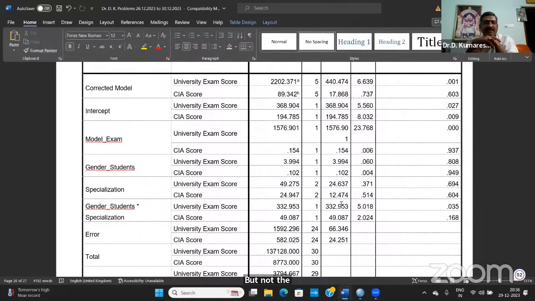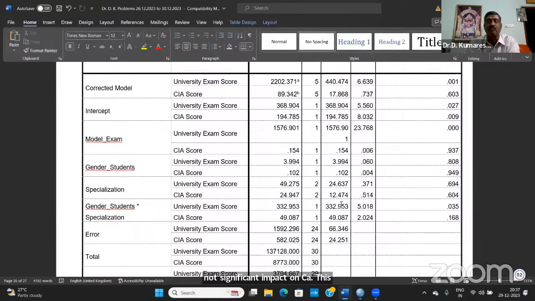Gender, no significant impact on both university exam marks and CAA marks. Specialization, no significant impact on both university marks and CAA marks. Whereas gender and specialization interaction has significant impact on university exam marks, but not significant impact on CAA marks.